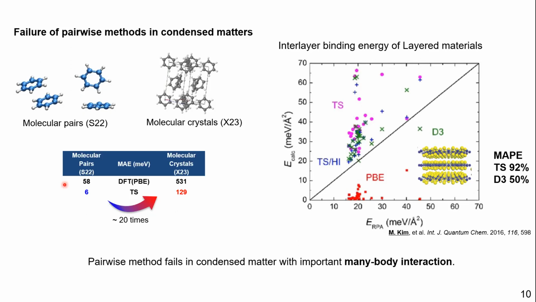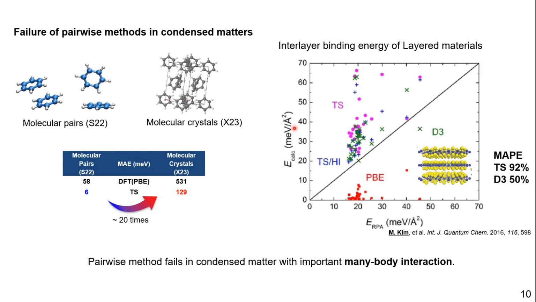So from molecular pairs to molecular crystals, the pairwise method, such as the TS method, increases the mean absolute error for predicting the thermodynamics of molecular crystals about 20 times compared to the molecular pairs.